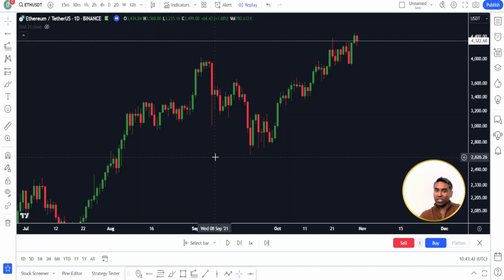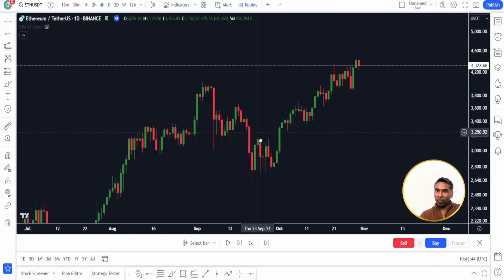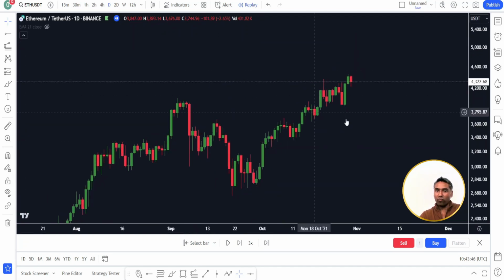But now the question is how to draw our levels. Now we have to find the most recent high in an uptrend and most recent low in the downtrend. So it is an uptrend. So what we will do, we will try to find most recent high. So this was the most recent high until this high has been made. So this high was the most recent. Now this high is broken.